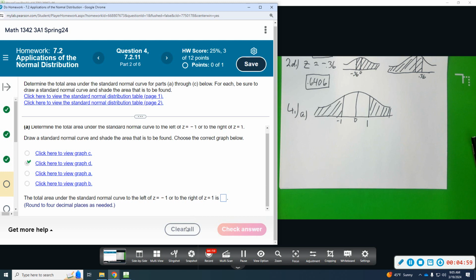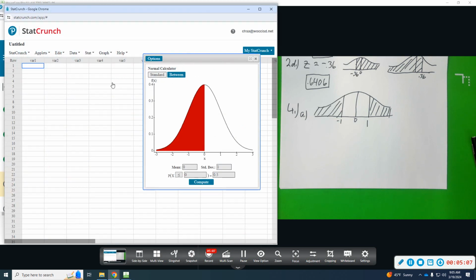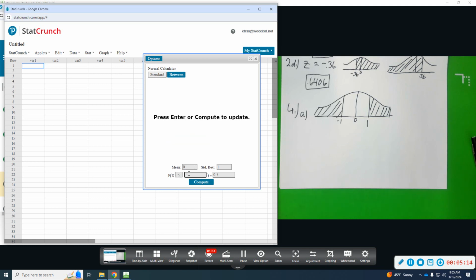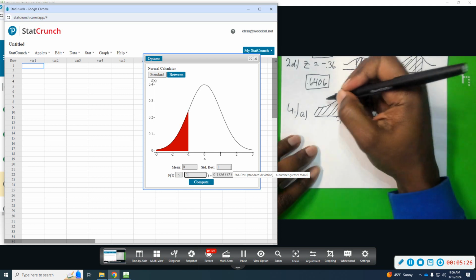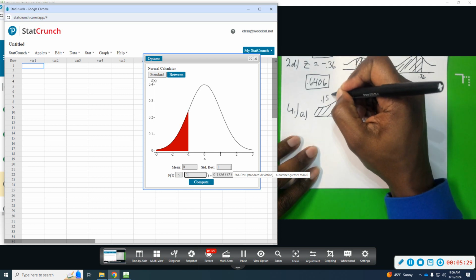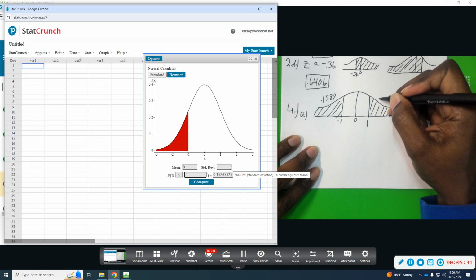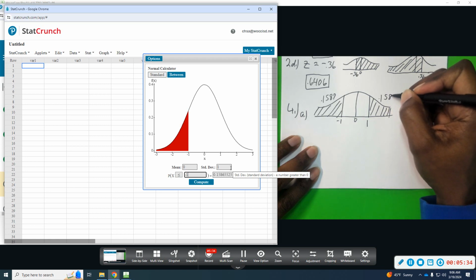So the area to the left, we're going to pull up StatCrunch, and I'm going to say standard area to the left is saying less than, put a -1. Okay, so the area to the left of -1 is 0.1587. And this is also going to be 0.1587.